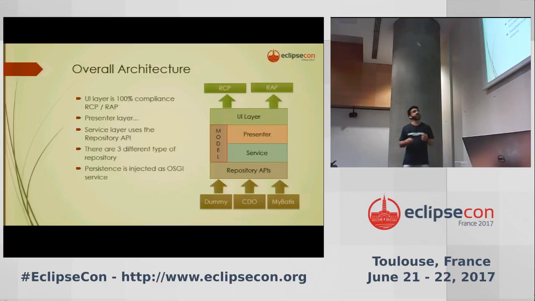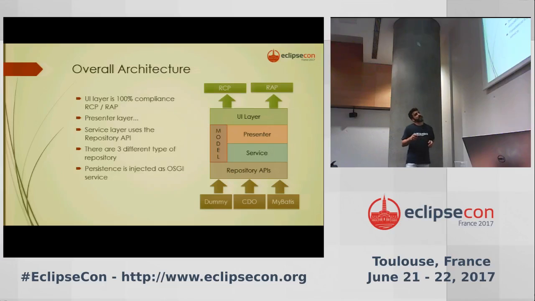As you can see, we have a central part that is common, with a UI layer, a presenter layer, and a service layer with the model. Then we have defined some APIs as repository APIs. We will see the repository pattern in some minutes.